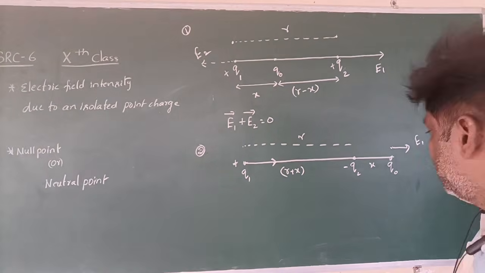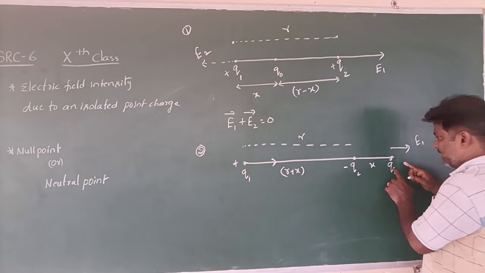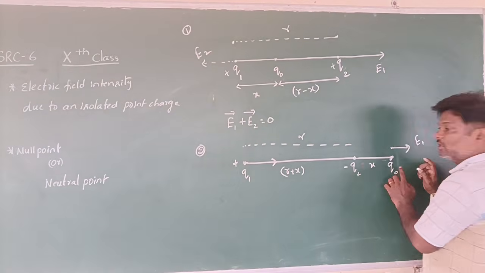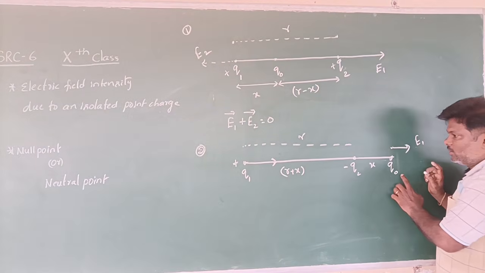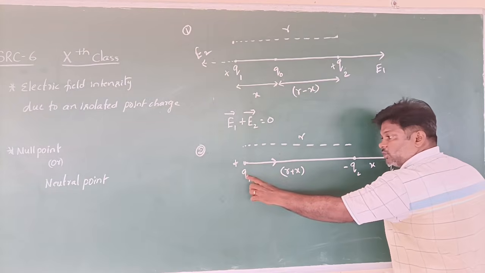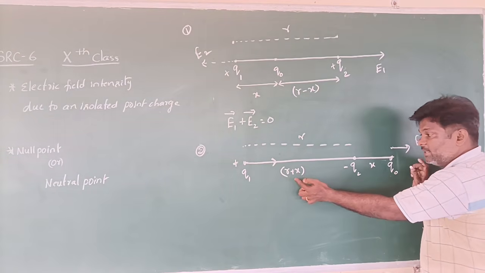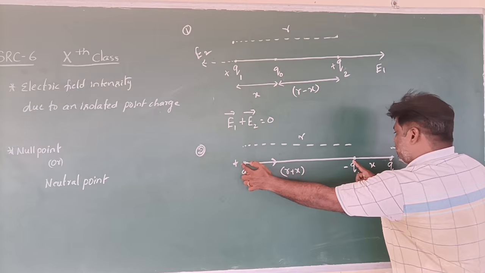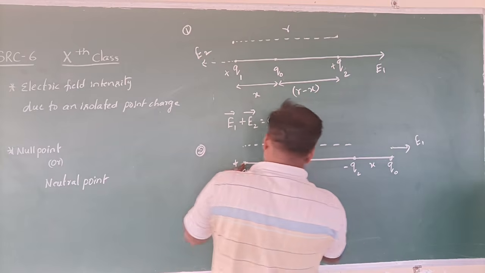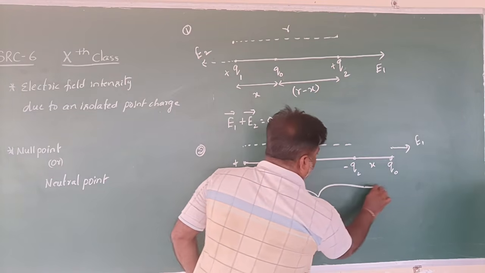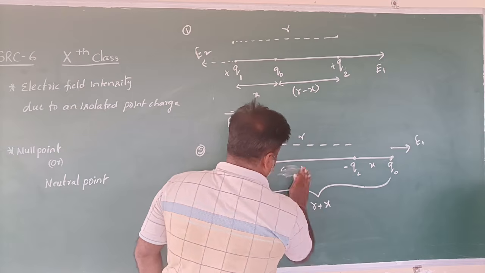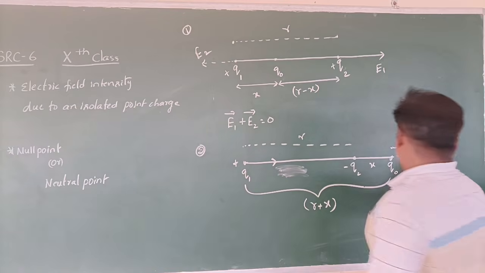Got it? Q0 will experience a repulsive force from Q1, which is located at a distance of r plus x. Observe, from here to here it is r, from here to here it is r plus x. Note this down, r plus x. In this direction, E1.